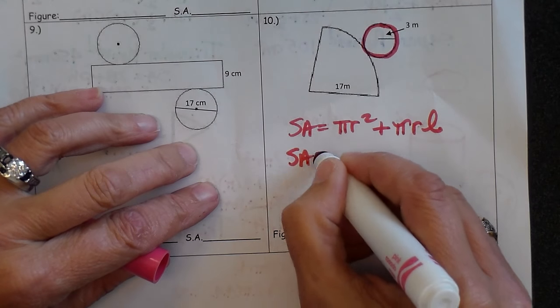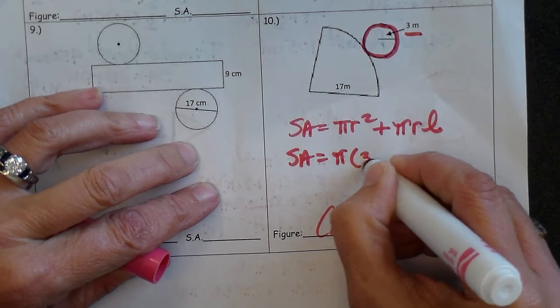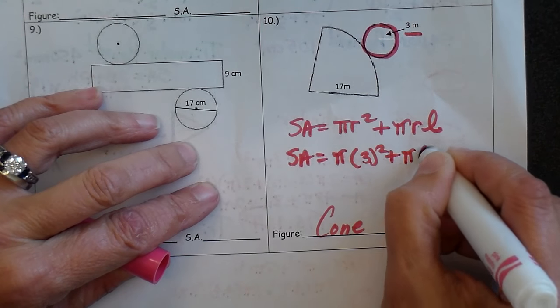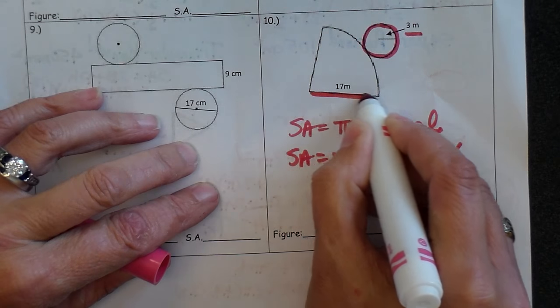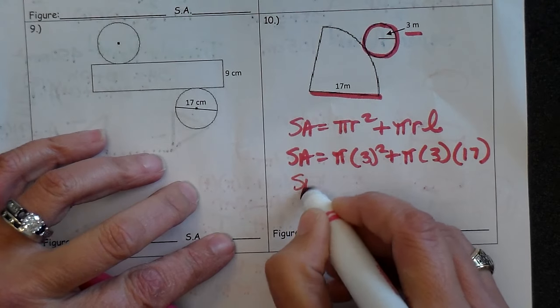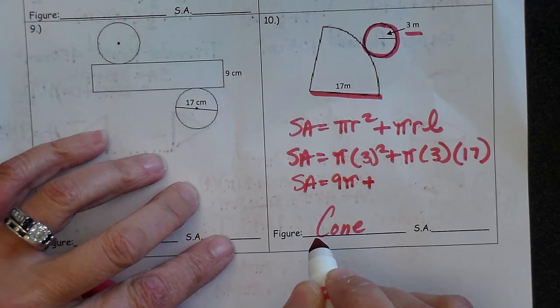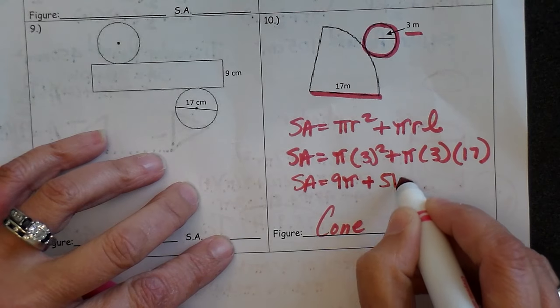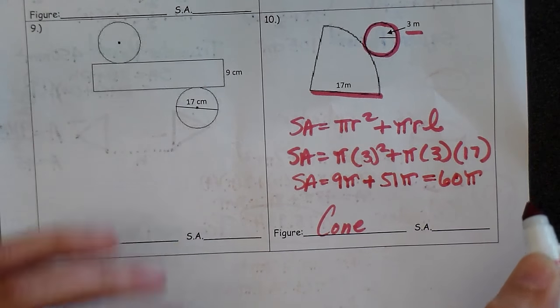So what I'm going to do is pi times, what's the radius? 3. Pi times 3 squared plus pi times 3, which is my radius, times L. Remember, L is your slant height. That's 17. So my surface area is going to be 9 pi plus 51 pi, which equals 60 pi.